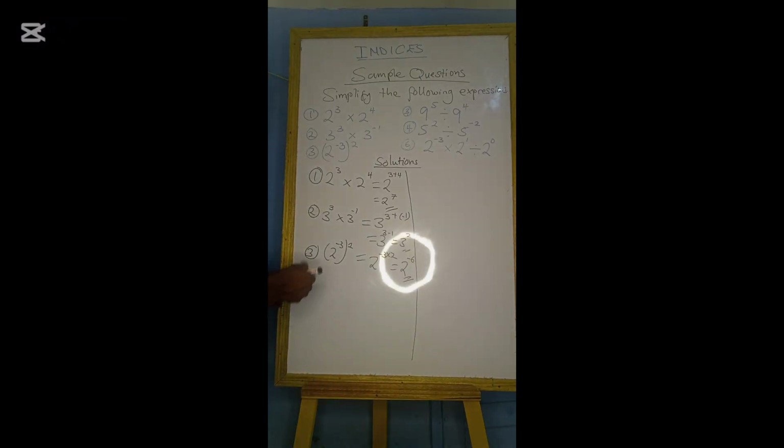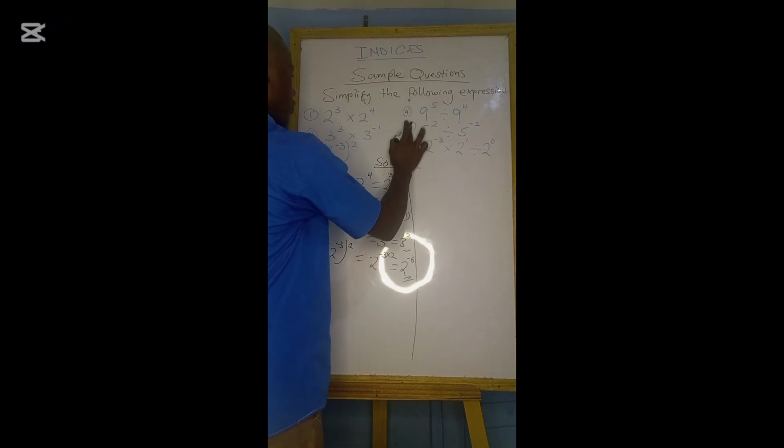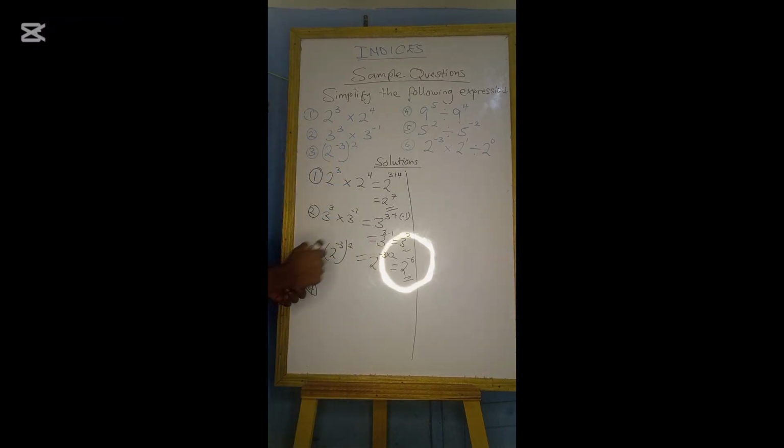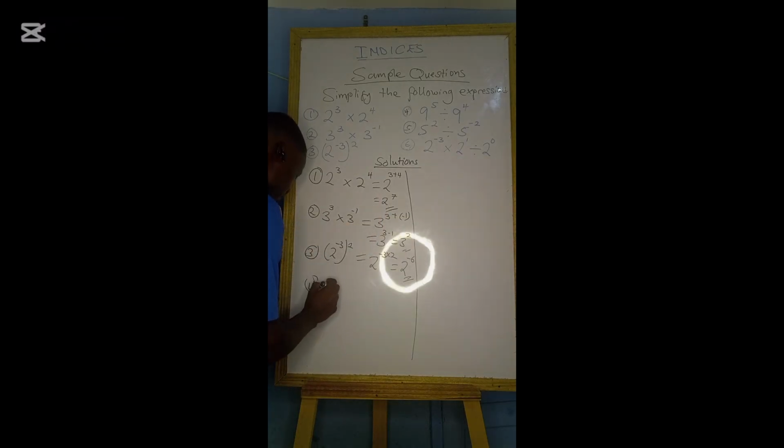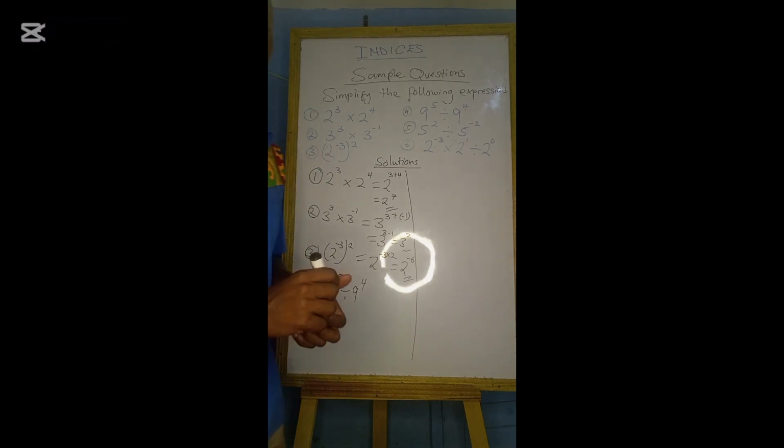Okay, so now let's look at the fourth one. The fourth example. Sorry, my numbering is wrong. This is the fourth example, and this is the 5th. Sorry. So let's look at the fourth one. The fourth one is the second law, which is the division law. 9 raised to the power 5 divided by 9 raised to the power 4. So the second law was talking about what?